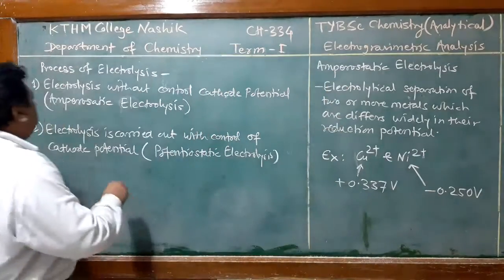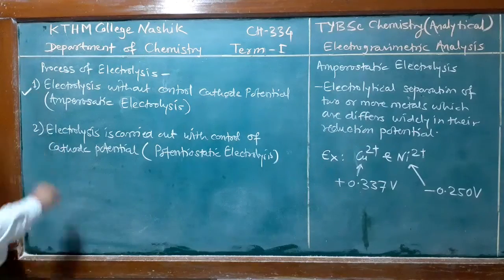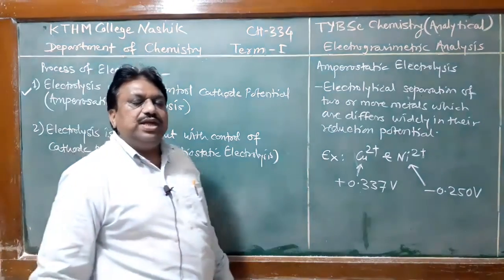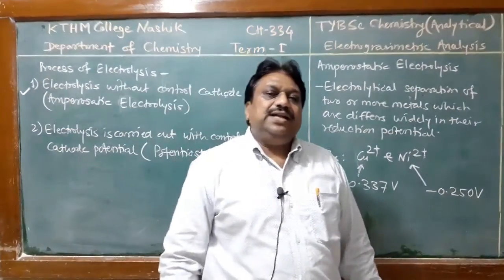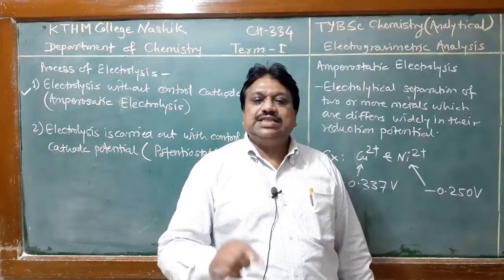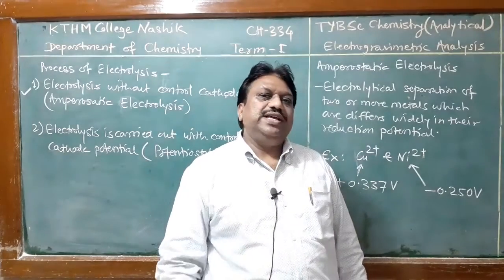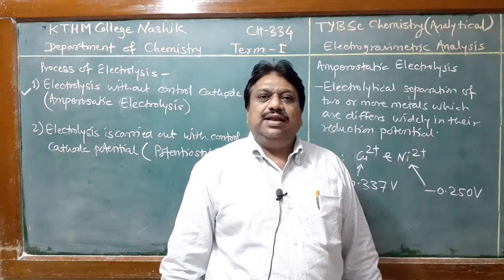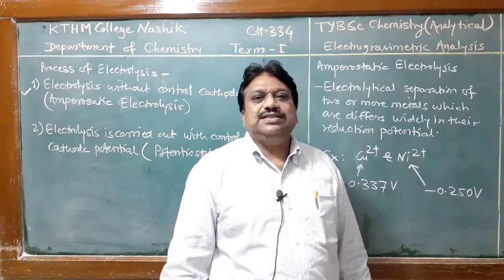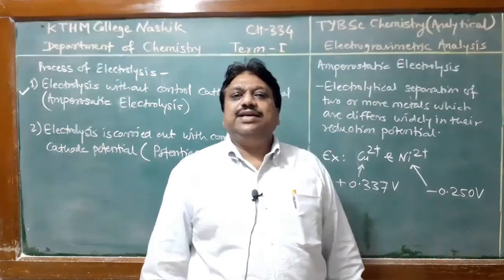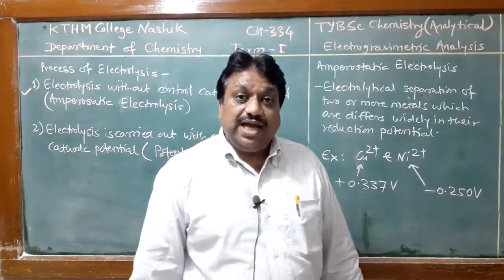Therefore, in amperostatic electrolysis, the potential of the working electrode or cathode is not controlled, but the current is controlled. The current flowing in the circuit is controlled, and this control is carried out either by increasing or decreasing the potential of the cathode.